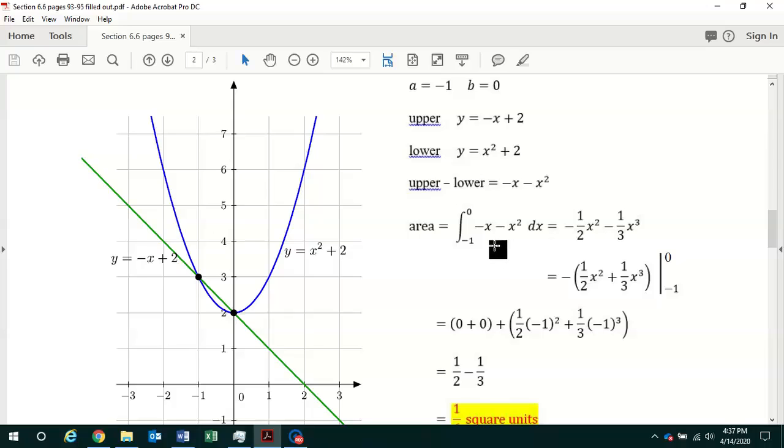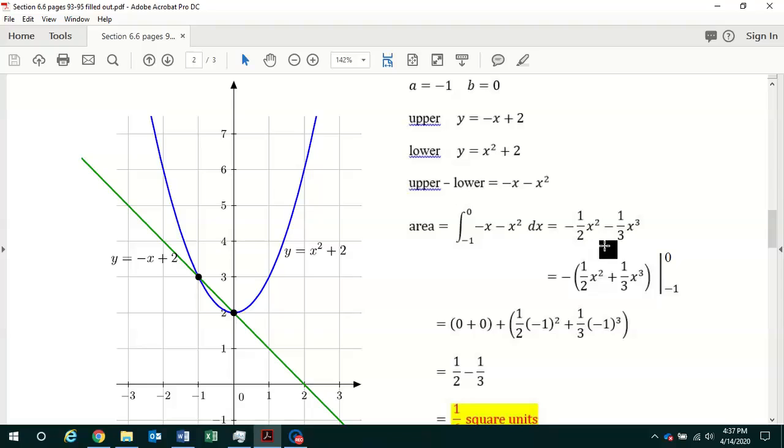The antiderivative of minus x squared is minus 1/3 x cubed.